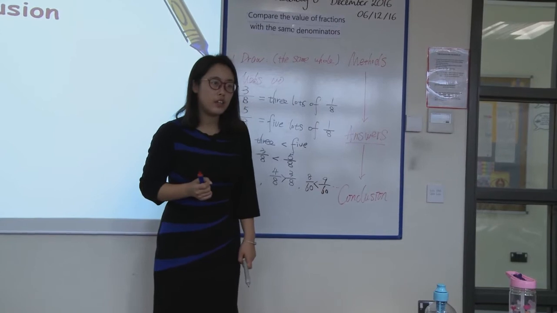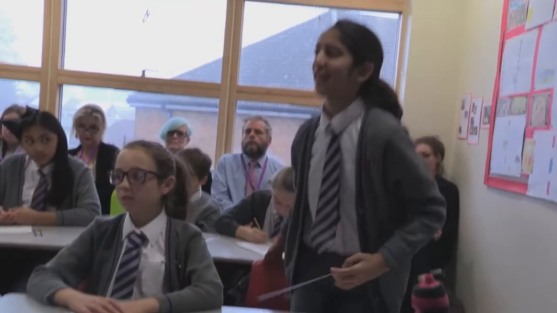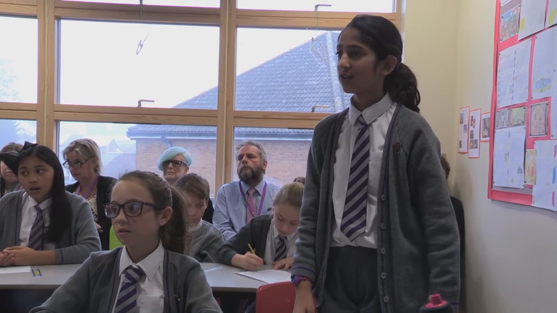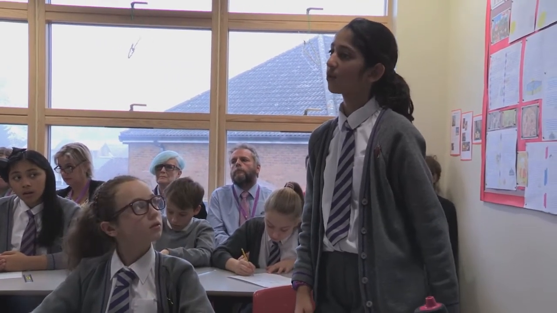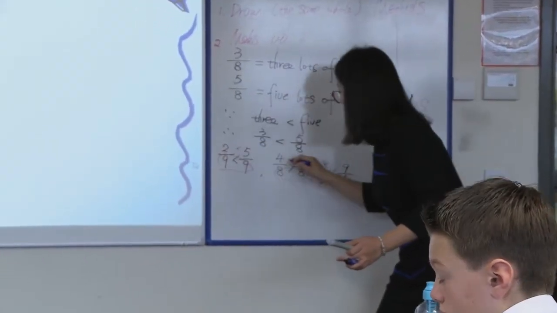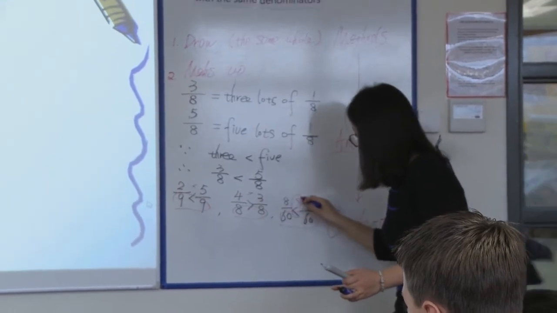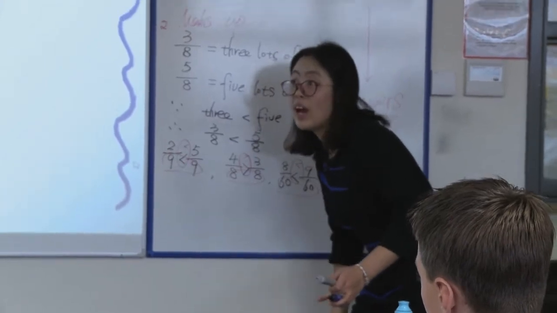What can you find according to these answers? If the denominators are the same, the larger numerator is always greater than the smaller numerator. Right? Okay, sit down, please.